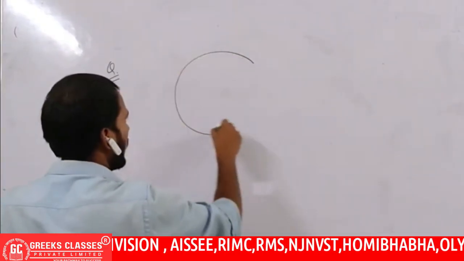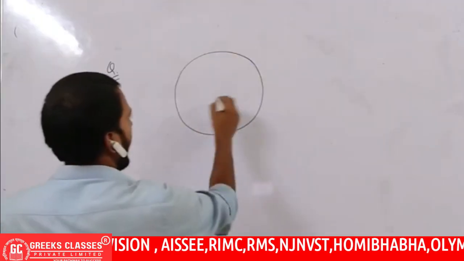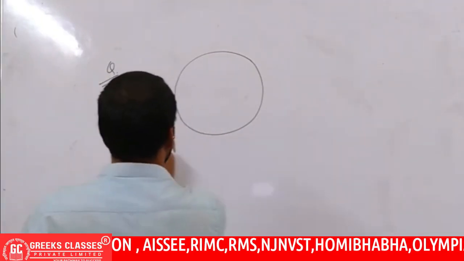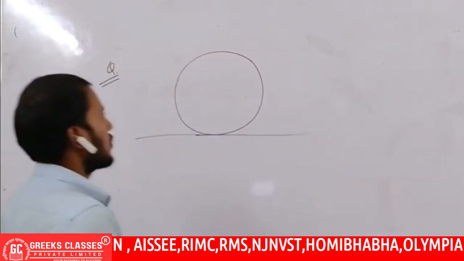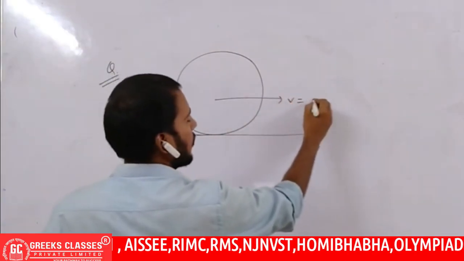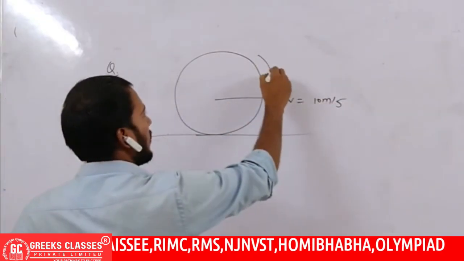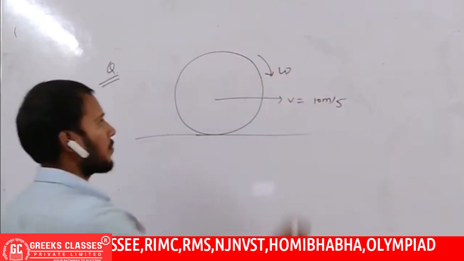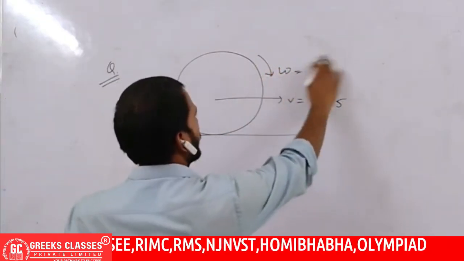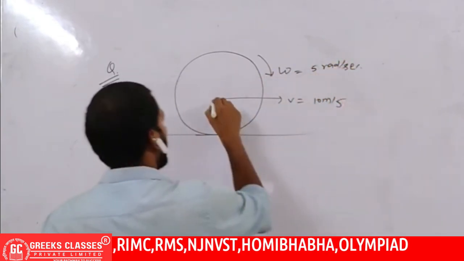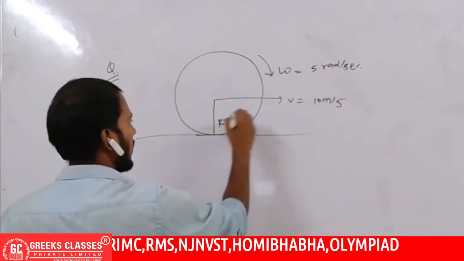This is a wheel, and this is the surface. So the wheel is going with a velocity v equal to 10 meter per second, and its angular velocity omega is equal to 5 radian per second. Its radius is r equal to 1 meter.